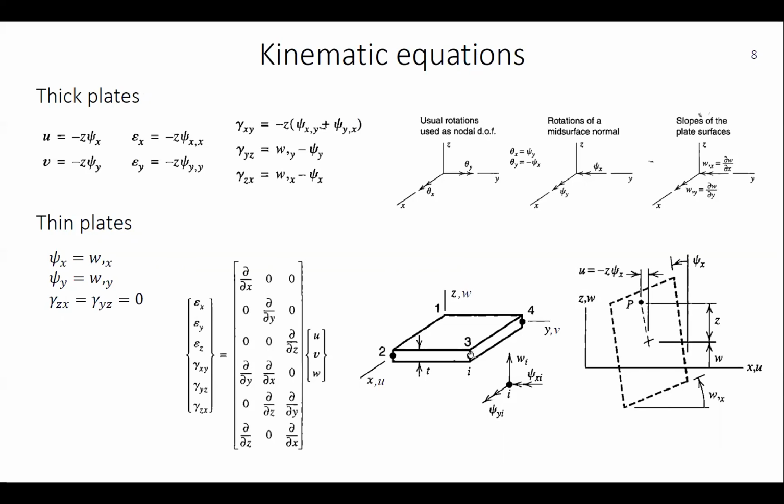And for a given node here, we have the displacement w in the out-of-plane direction, and we have the rotations phi x and phi y according to this notation. And these are some usual notations for the rotations that we will define.